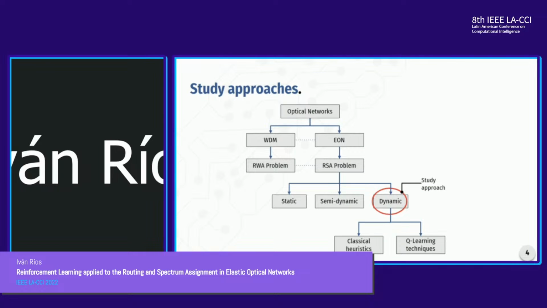Study approaches. In elastic optical networks, we have the RSA problem, and we choose the dynamic approach of the RSA problem, and then we have studied classical heuristics versus Q-learning techniques.